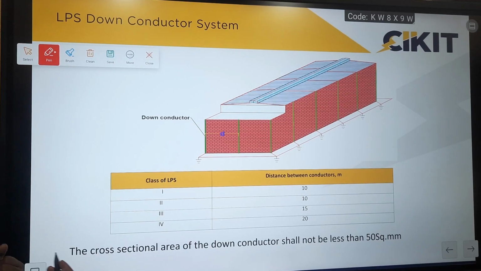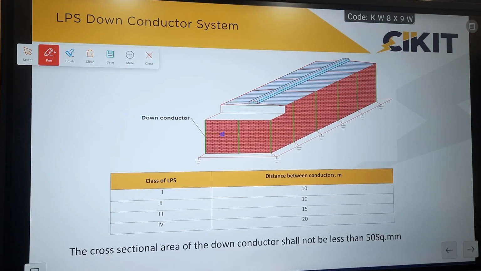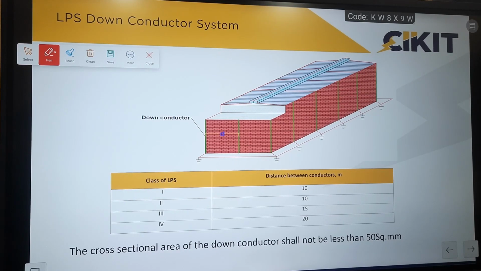So we have to provide down conductors at equal intervals to ensure that the energy is dissipated to the ground as soon as possible. The down conductors provided should be the shortest path to the ground. At the same time, the number of joints and the number of bends in the down conductor should be as low as possible.